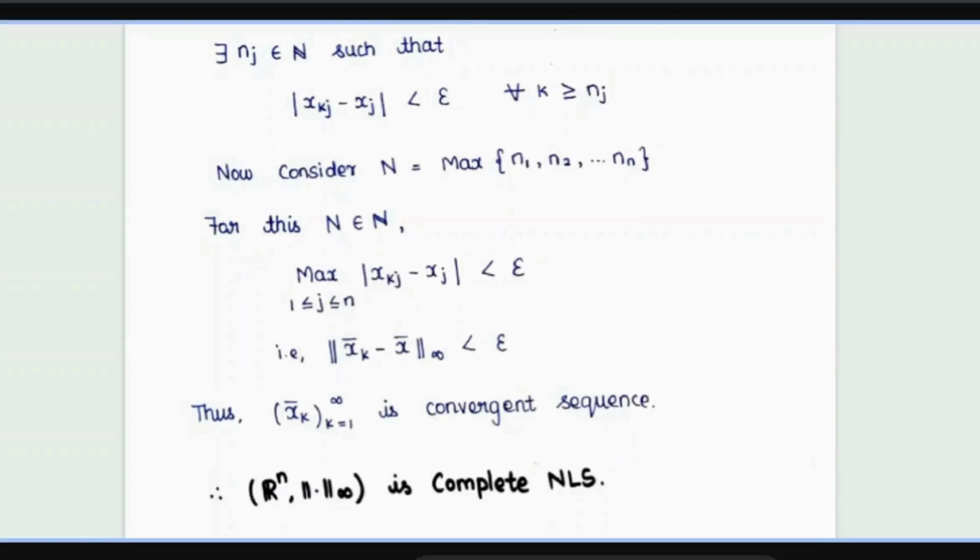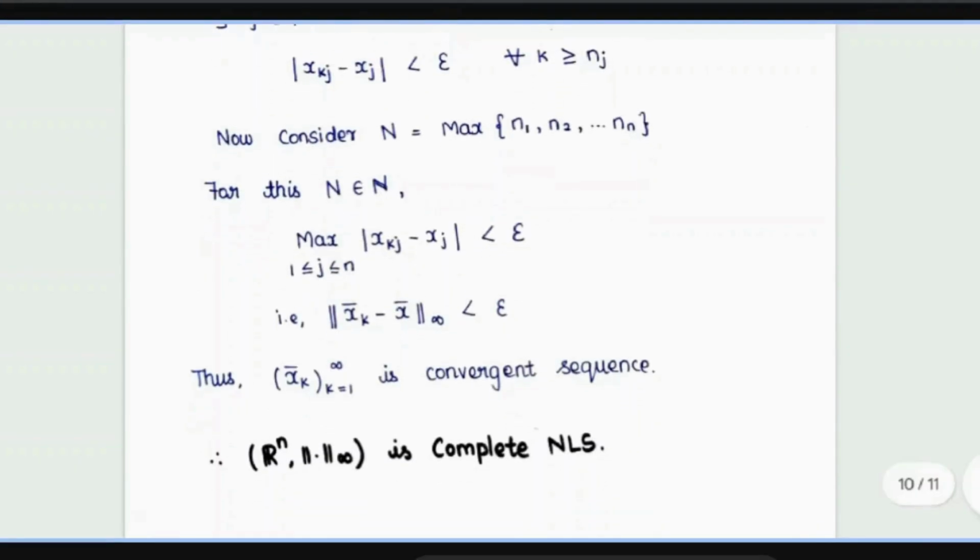The idea of the proof is that we took a Cauchy sequence in R^n and saw that saying a sequence is Cauchy in R^n is the same as saying coordinate-wise, that is column-wise, Cauchiness in R. Since R is complete, the column-wise sequences converge to some point in R. Taking the limit points of all the columns, we found a vector x bar in R^n and showed that x_k bar converges to that x bar. So now we can conclude that R^n with respect to the L infinity norm is complete.